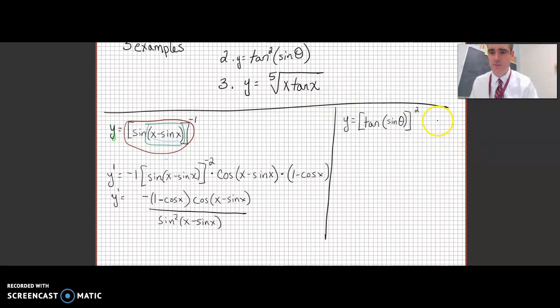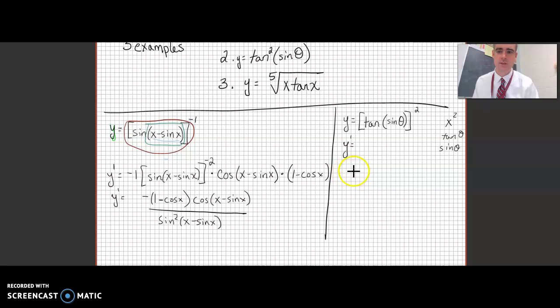The 3 functions being composed are an x squared function, a tangent function, and a sine function. All those things are being composed together. So again, we're going to work from the outside in. The first thing I'm going to do is take the derivative of this whole tangent of sine theta squared.